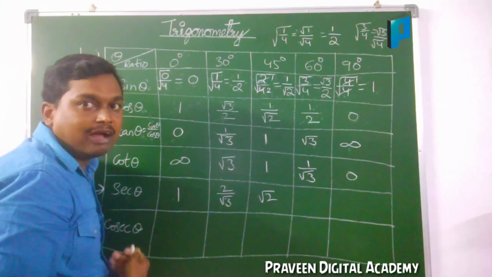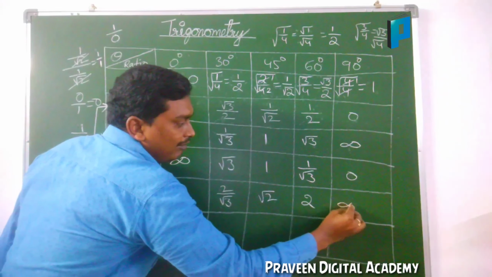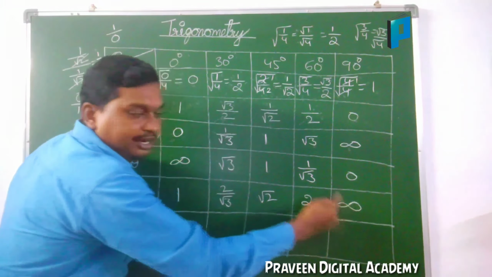Here 1 by 2, the reciprocal is 2 by 1, and 2 by 1 is nothing but 2. Now, what is the reciprocal of 0? The reciprocal of 0 is 1 by 0. The denominator is 0, so if you have denominator 0, then it will be undefined.